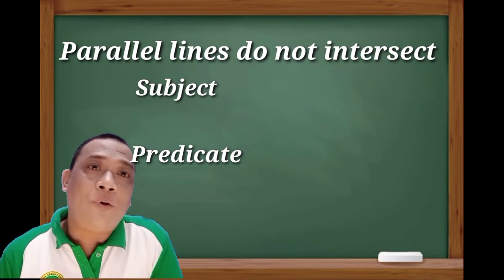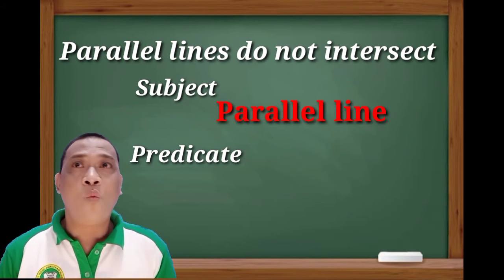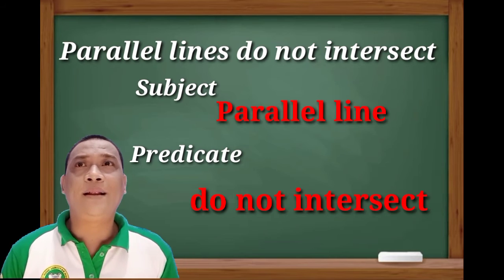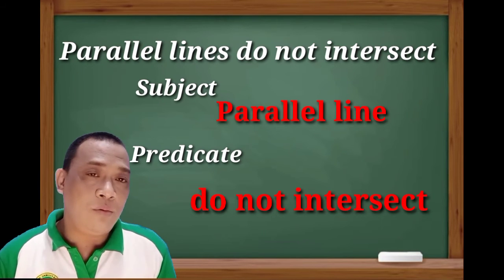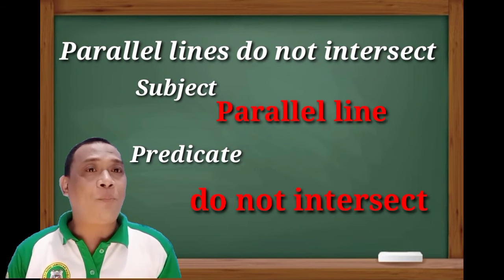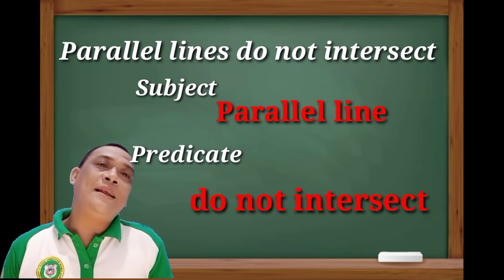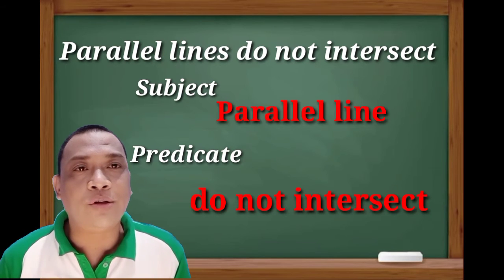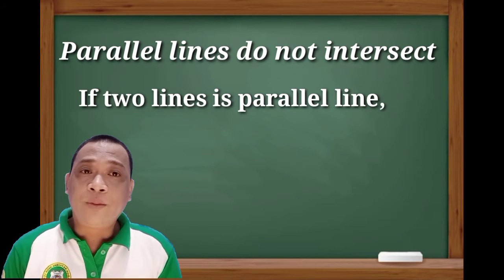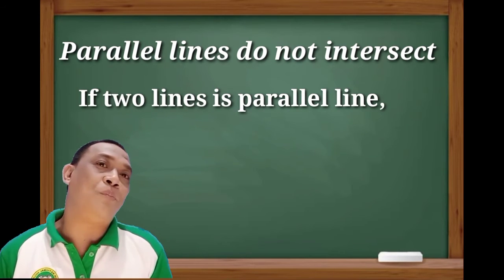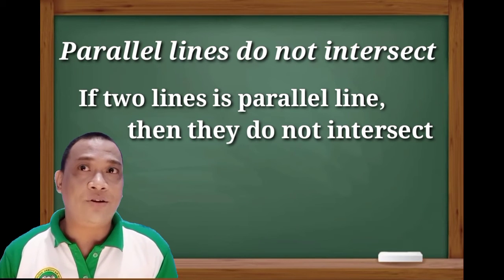In our example, our subject is parallel lines, while our predicate is do not intersect. Now, our subject is a part of your hypothesis, and the predicate is a part of your conclusion. So, the if-then statement is, if two lines are parallel lines, then they do not intersect.